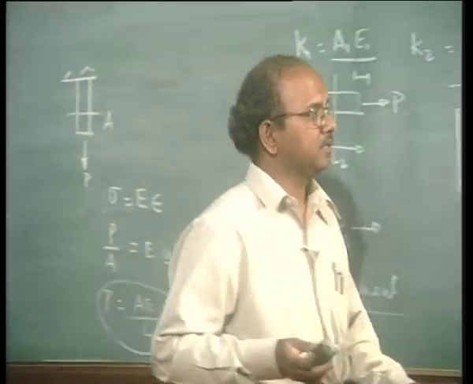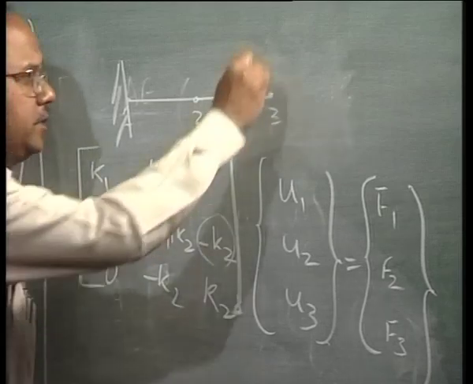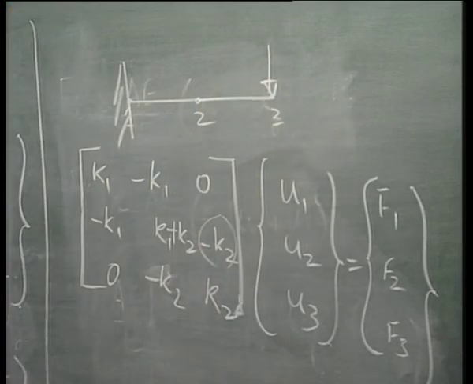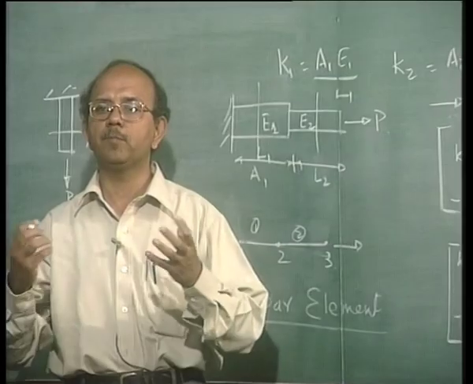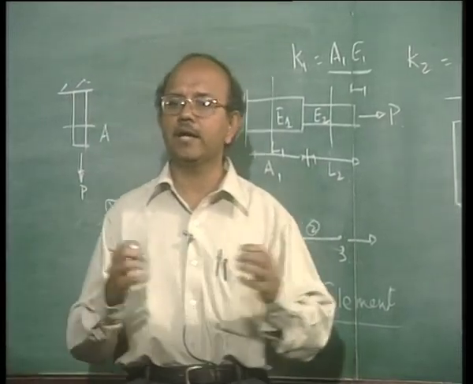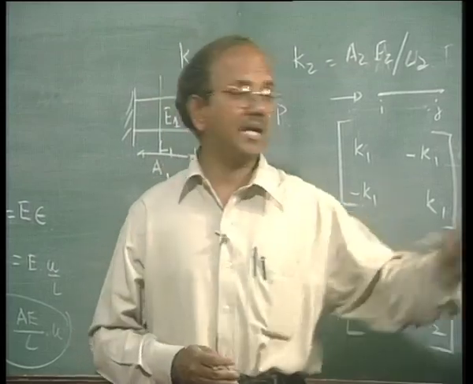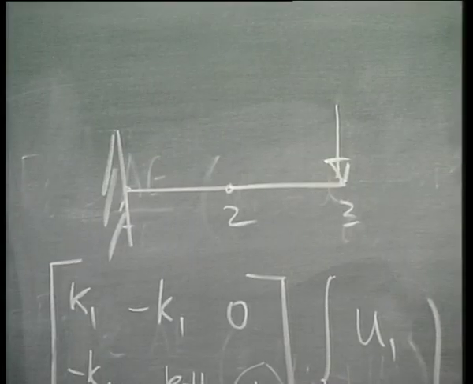The only thing is, if I now apply a force in this direction, it is no more a bar, it becomes a beam, which means that it can bend. A bar can take only axial loads, from strength of materials. On the other hand, a beam can take a bending load.